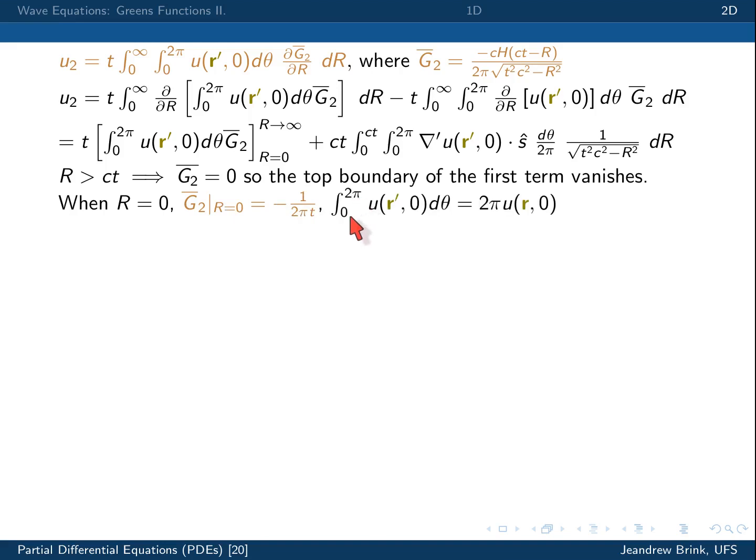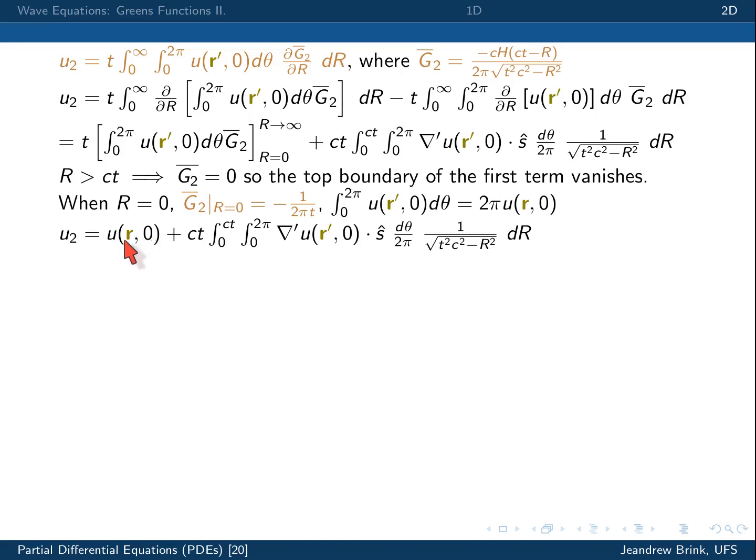And as I said earlier, this integral, because u is effectively a constant, u at the center of that domain of integration, is simply u of r0 times 2 pi multiplied by g, so the 2 pi's cancel out. This t cancels out over there, and what is left, it's a minus because of this lower part of the integral, so the minus also cancels out, and you're left with this whole term basically equal to u of r0.